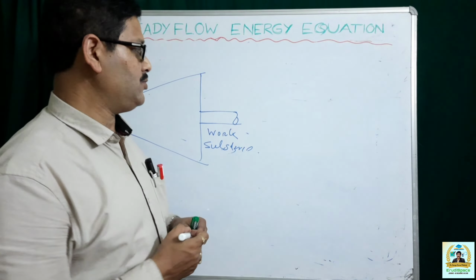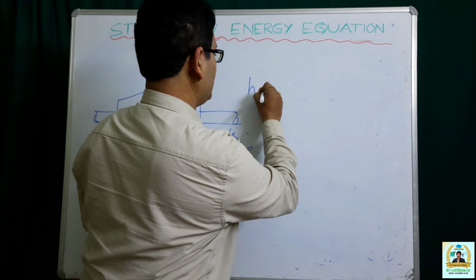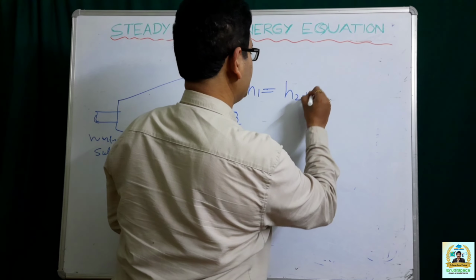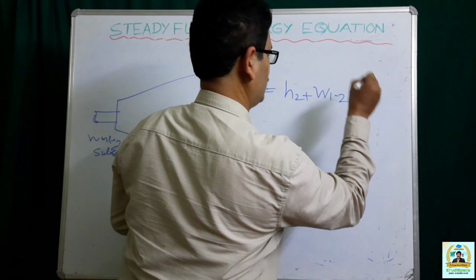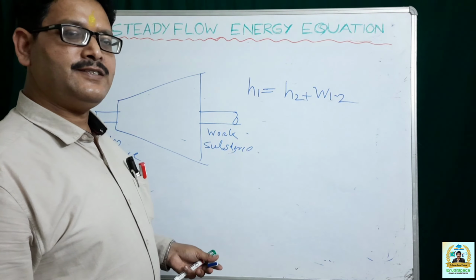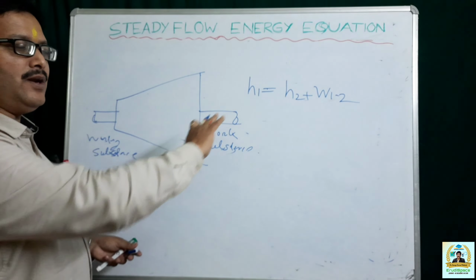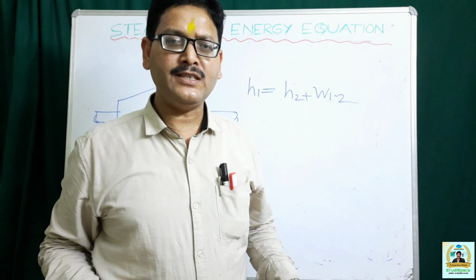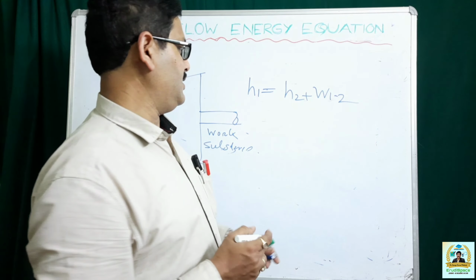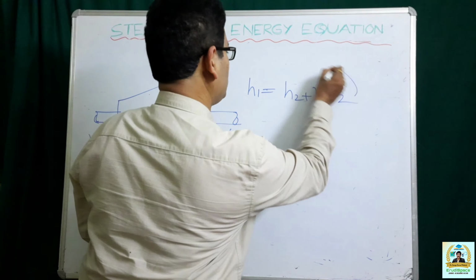Now what is happening to the energy equation? H1 is equal to H2 plus W12, because in this case the kinetic energy component can be neglected. If it is at the same level, the potential energy on the left hand side will balance the potential energy on the right hand side, and this will be the equation.